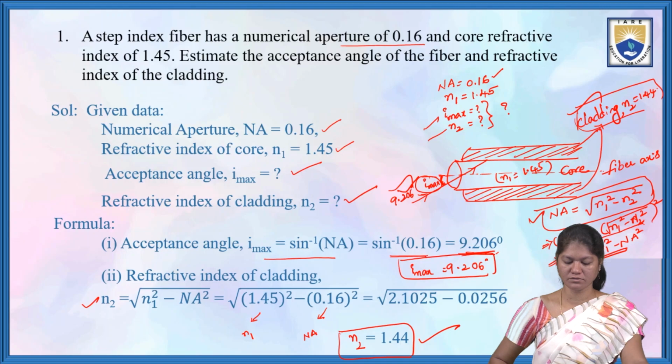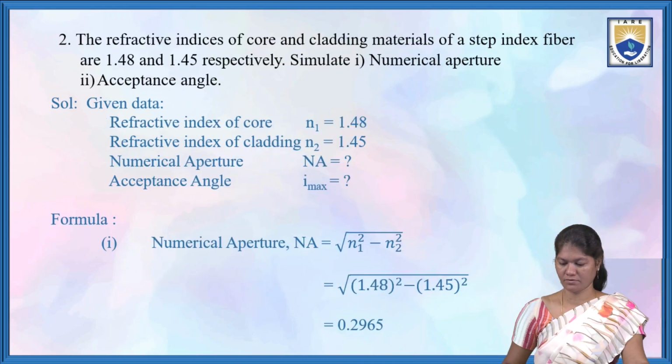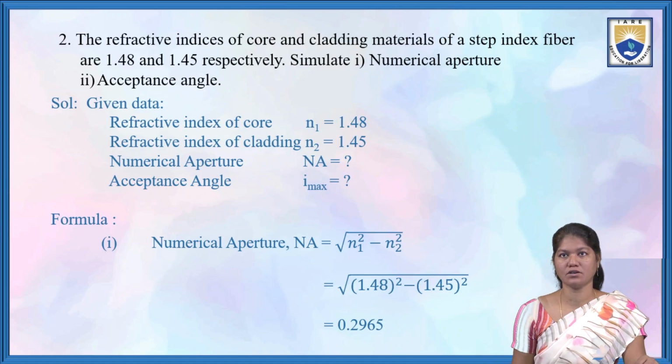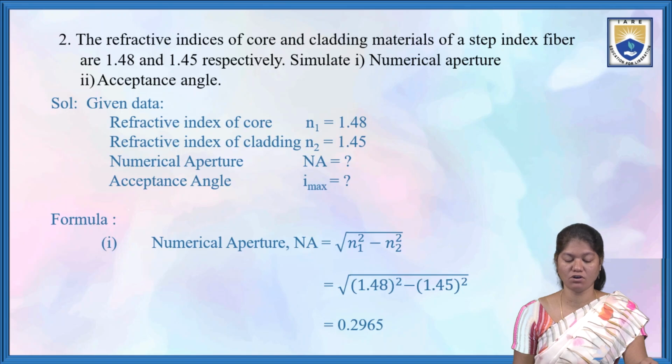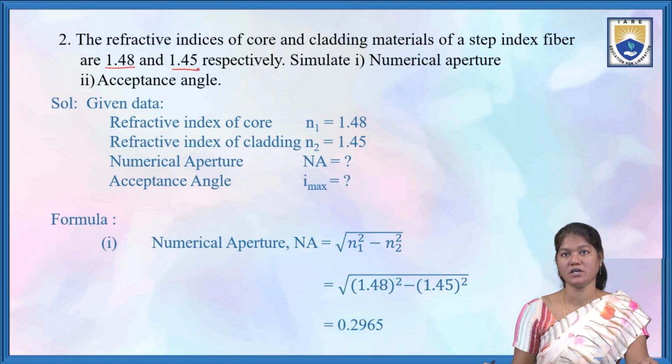Okay, so we shall move to the next problem. The refractive indices of core and cladding materials of a step index optical fiber are 1.48 and 1.45 respectively.